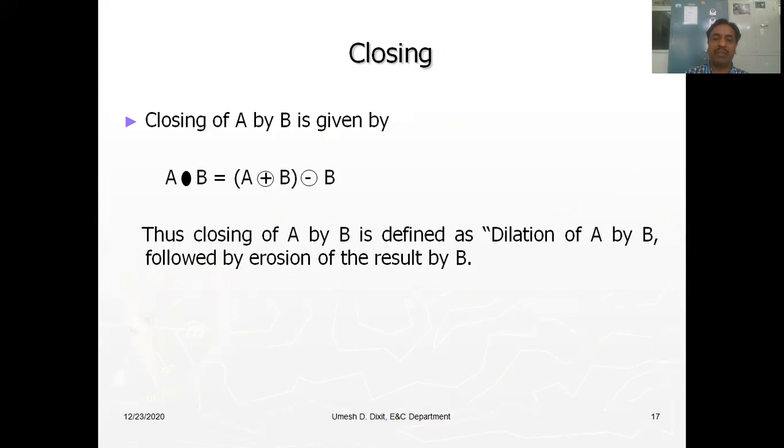It is first dilation of A by B, followed by erosion of the result by B. So the closing operation is obtained by first carrying out dilation between A and B, and then eroding that result by the structuring element B.